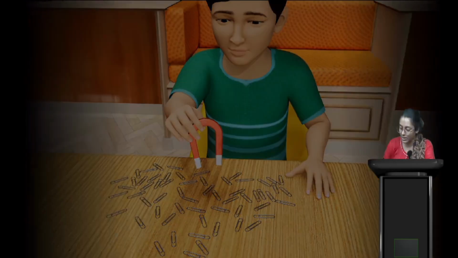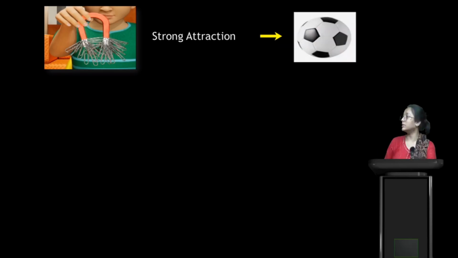So from this we can say, there was strong attraction. Okay, so this kind of strong attraction is observed in solid substances.